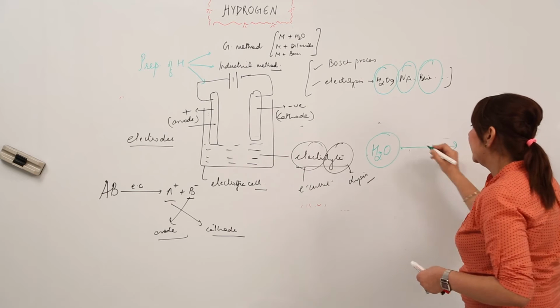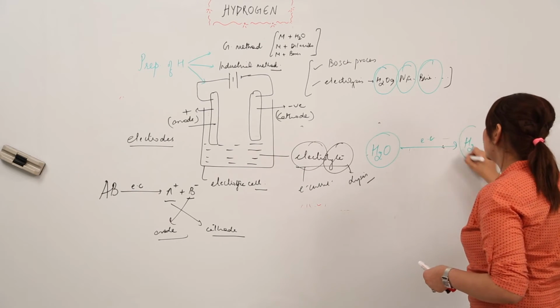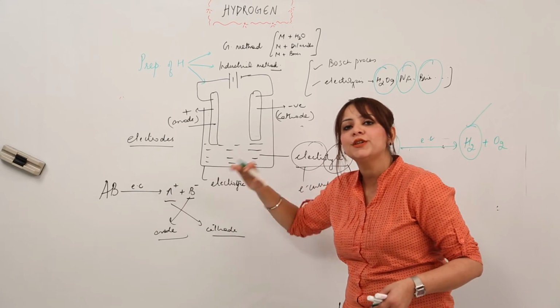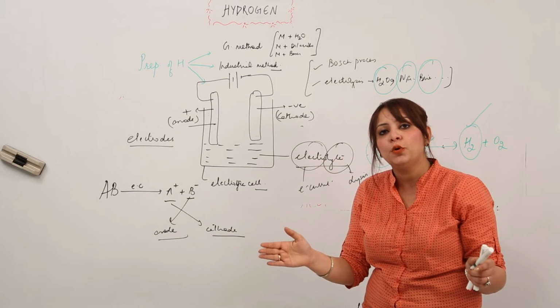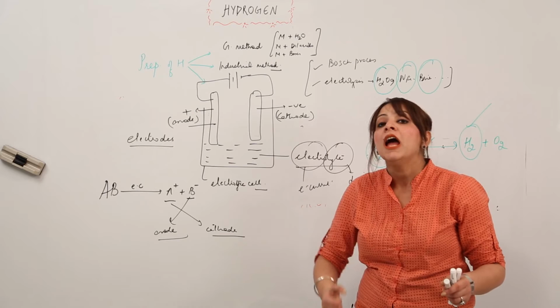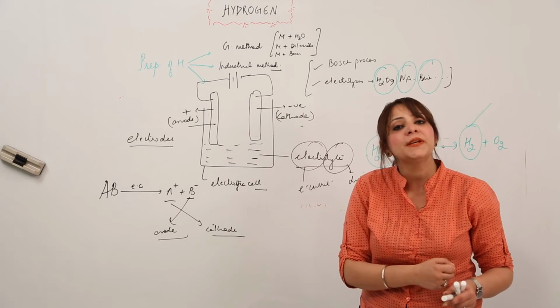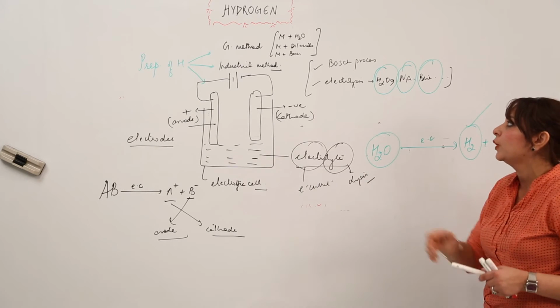This leads to the formation of H2 and O2. Oppositely charged ions migrate to the oppositely charged poles, and there oxidation and reduction occur, and H2 will be evolved at a specific electrode and O2 at the other electrode. So this is how we get H2 by the electrolysis of water.